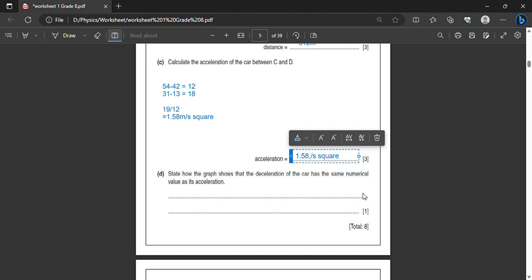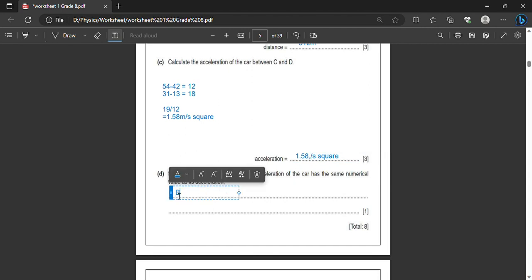The next question says: state how the graph shows that the deceleration of the car has the same numerical value as its acceleration. So let's write. I think the possible answer for this is, because, it explains, 1 mark. So just explain a bit.